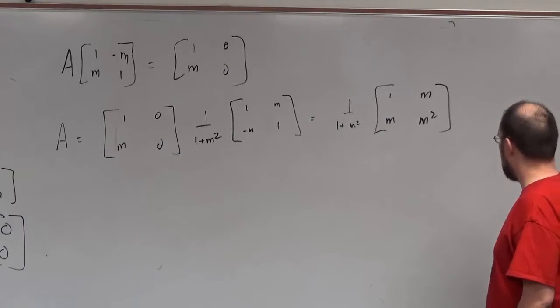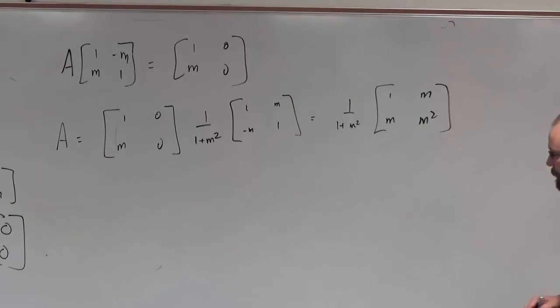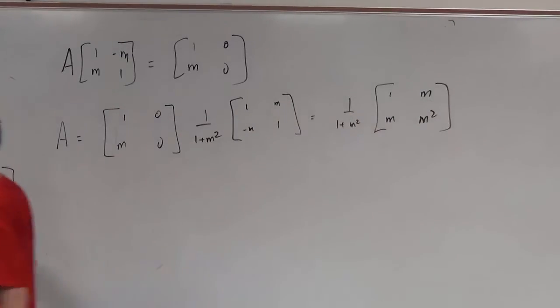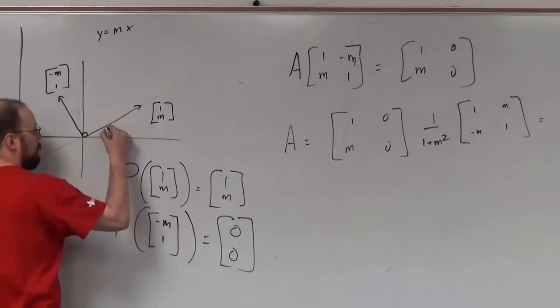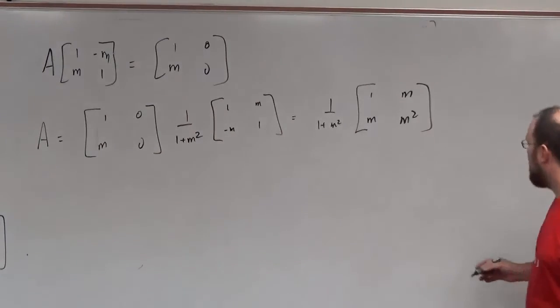So that would be the projection onto the line with slope m. And in terms of the angle theta that the line makes with the positive x-axis, that's the way you would present this projection onto a line.